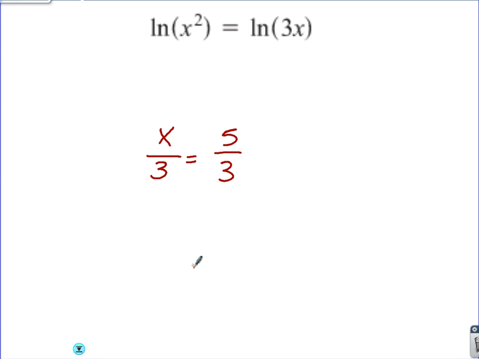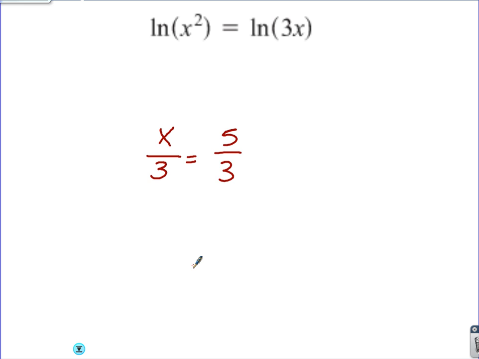What's x? 5. Do the 3's matter? No. What's the only thing that matters about the 3's? They're the same. Now, if you had x over 3 and 5 over 6, yeah, they matter. Since the bottoms are the same, the tops have to be the same.